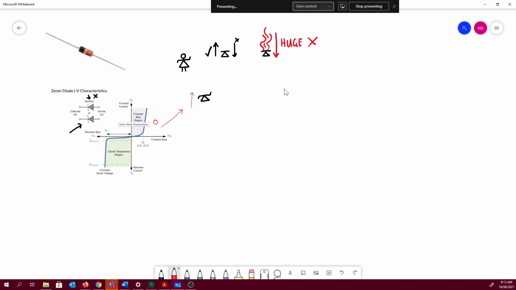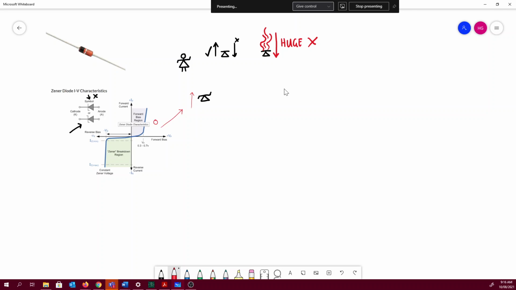Now, a diode has a voltage drop of between 0.3 and 0.7 volts. What that means is that across a diode, you'll normally measure that sort of voltage drop. It also means you've got to supply that much voltage to the diode to get it to actually start conducting properly.